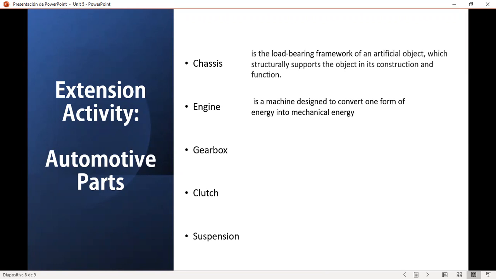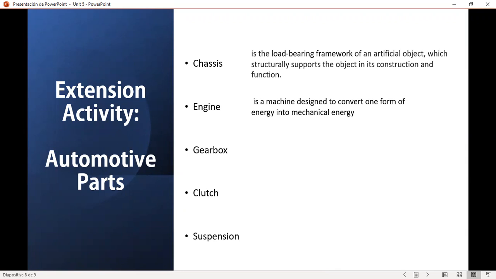Then we go to the gearbox. Well, the gearbox is the main component where the car controls the speed and acceleration, based on high speed and low speed.